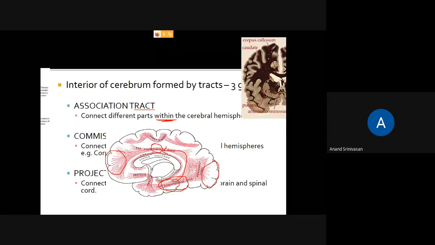So there are certain fibers which connect within each cerebral hemisphere. When the association tract is not working, what will happen? There will be no integration in the brain. You ask a question, the person does not understand the question, or he understands but is not able to speak. That's why the association tract is important.